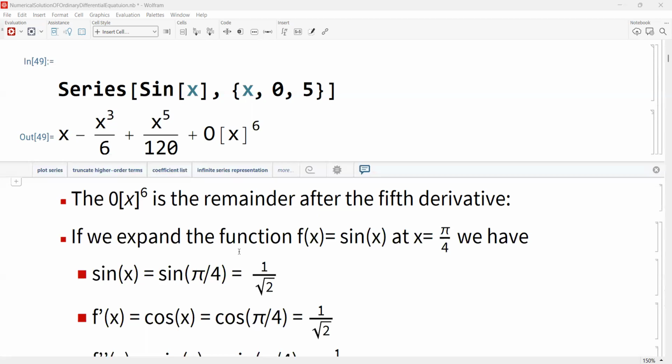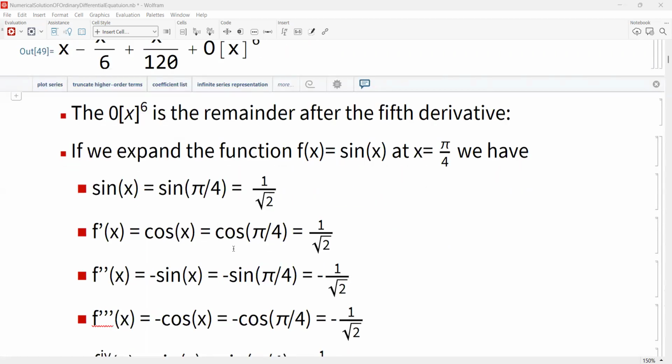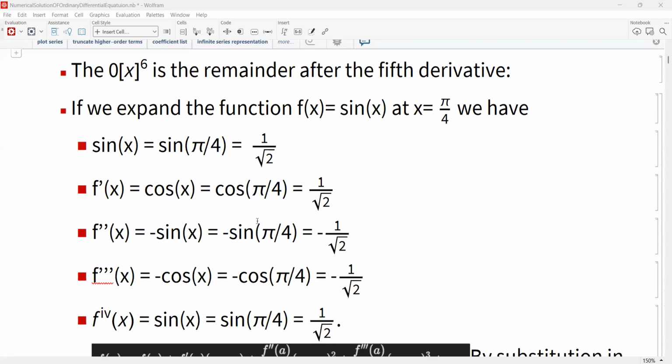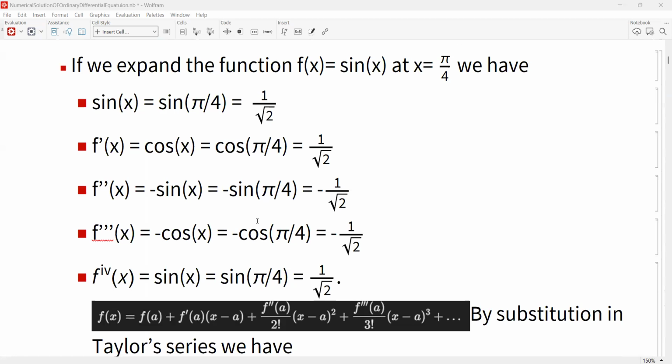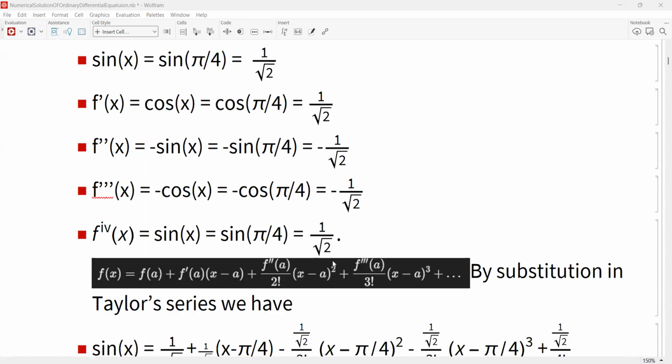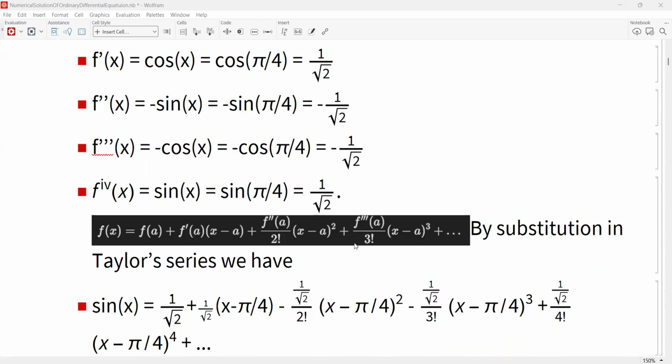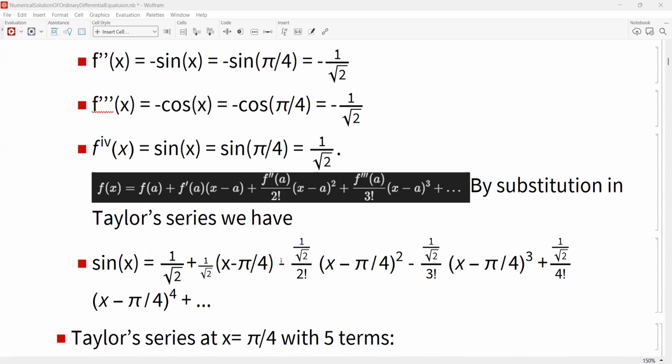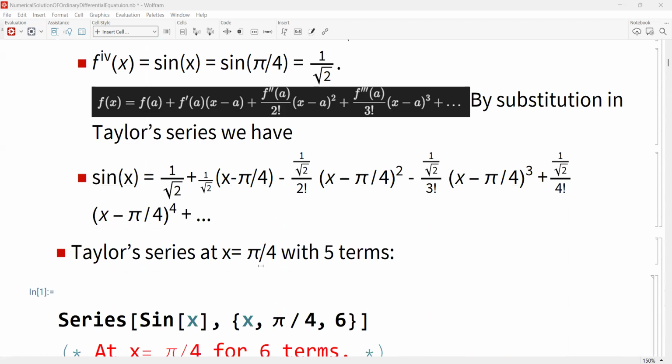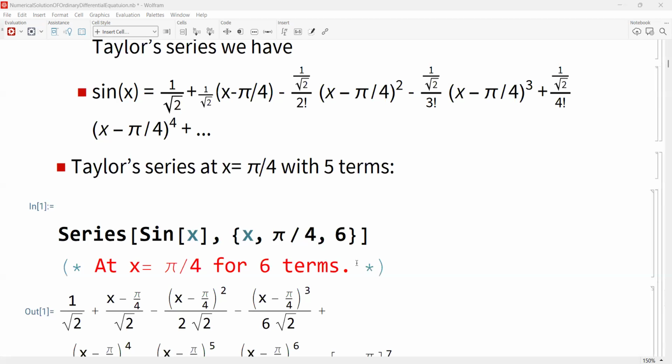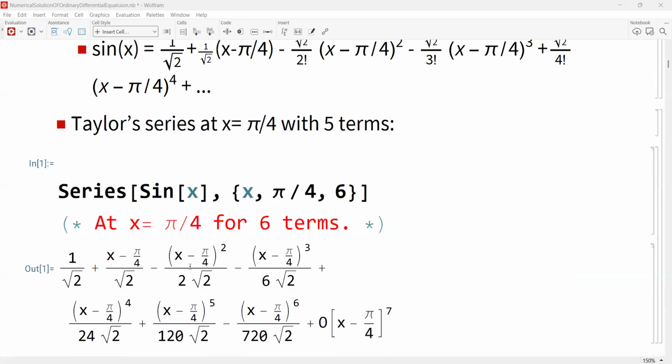Okay. So if we expand the function f of x equal to sine of x at pi over 4, we have this one. Expanding this at x equal to pi over 4, let us substitute this in the Taylor series. So we have this one, a substitution. The Taylor series at x equal to pi over 4 with 5 terms is also equal to this.